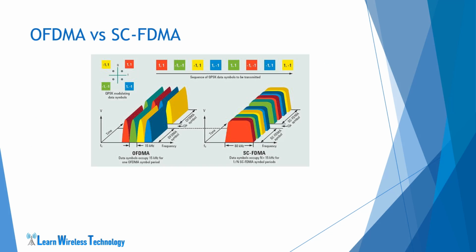This figure provides a graphical representation of the difference between OFDMA and SC-FDMA. In this example, for the OFDMA waveform, 4 subcarriers are used over 2 symbol periods. Each subcarrier occupies 15 kHz bandwidth and has a duration of 1 symbol. The subcarriers are modulated using QPSK modulation, which means each subcarrier carries 2 bits of information.